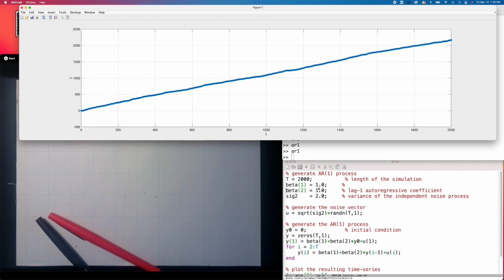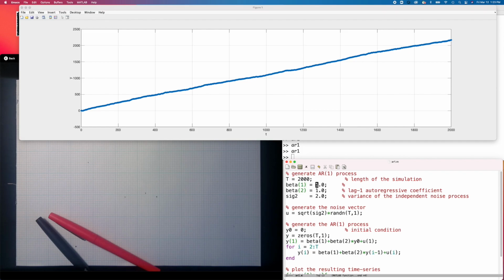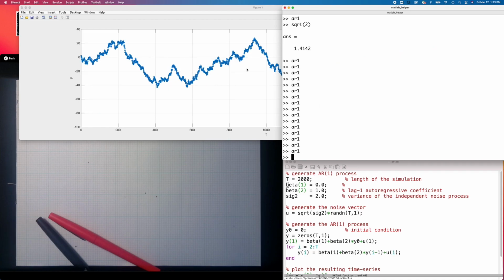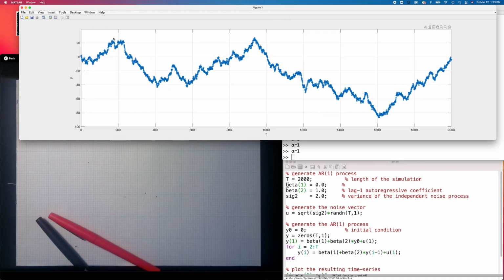But that's a random walk with drift, because beta 1, if I set beta 1 to be 0, I guess that would be a usual random walk. Let me put beta 1 to 0. Right, this is more like a typical random walk.